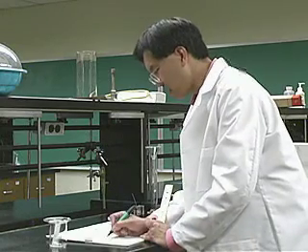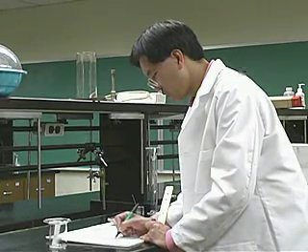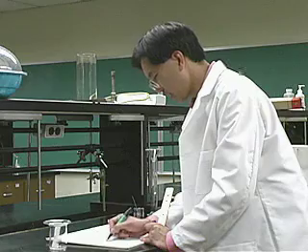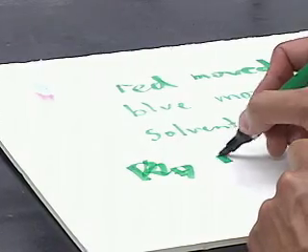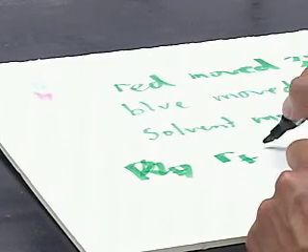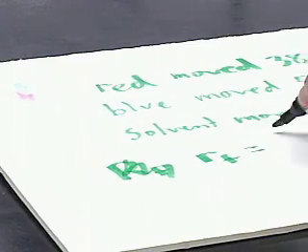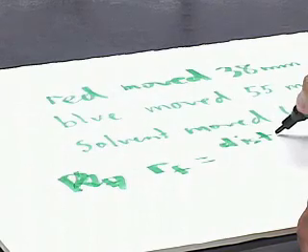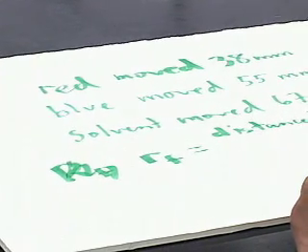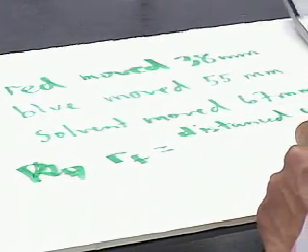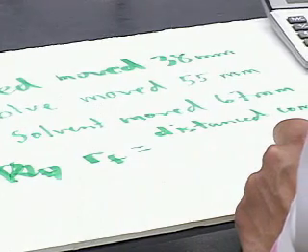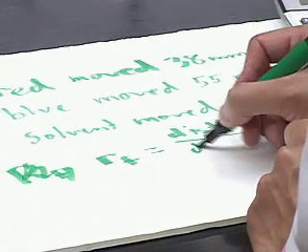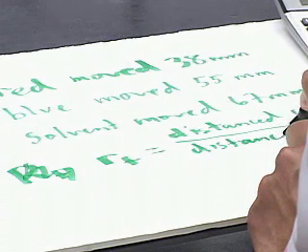Okay, so we define RF, and actually I think it's little r, is equal to the distance that one of our components moved over the distance that the solvent moved.